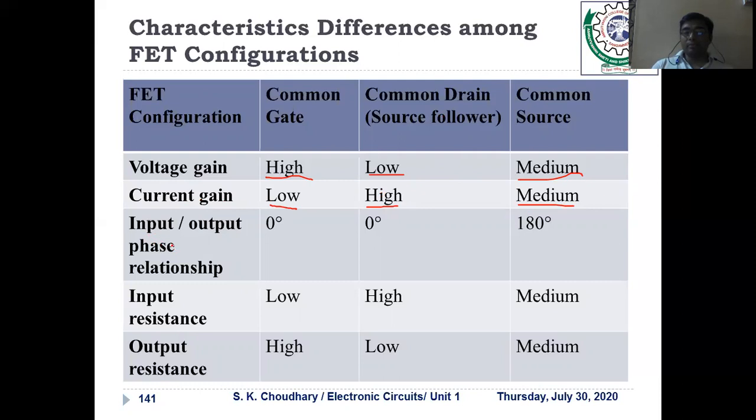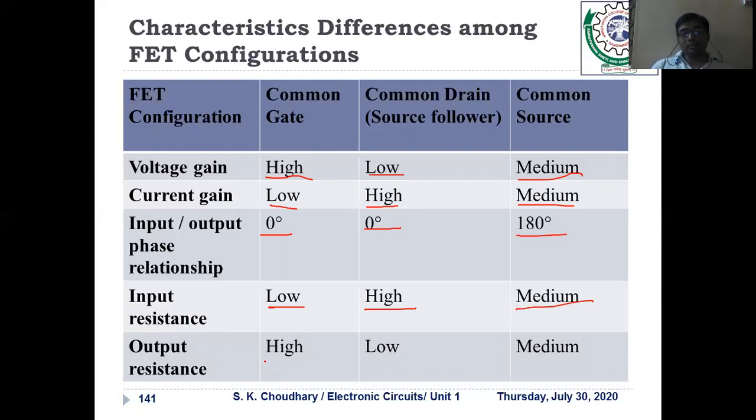What is the relationship between input and output signal? It is in phase for the common gate, in phase for the common drain, but 180° out of phase for the common source. Similarly, input resistance is lowest in the common gate but highest in the common drain circuit, and medium in the common source.